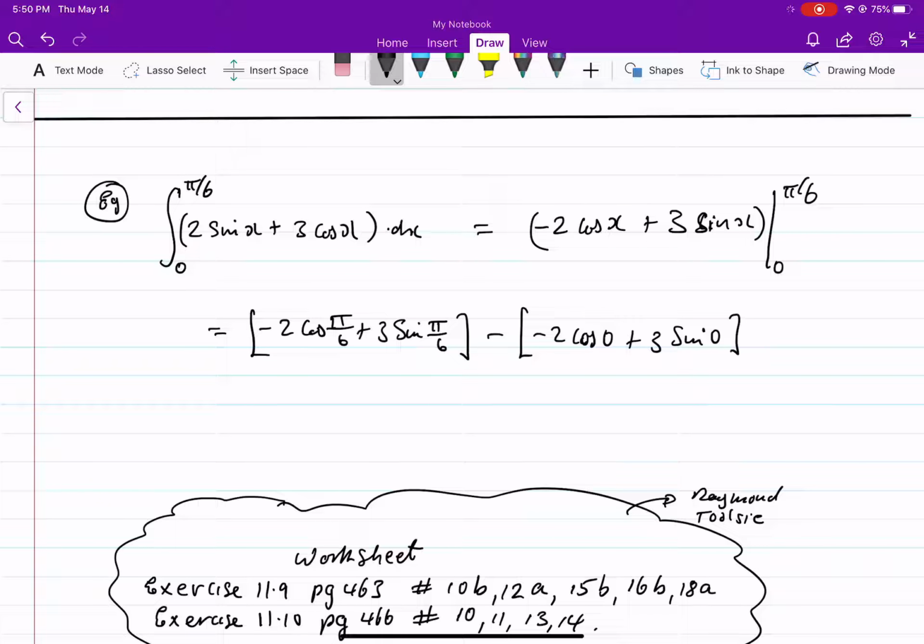Cos of pi upon 6, I think that's root 3 upon 2. Y'all can check it on your fancy calculators. Minus 2 times root 3 upon 2 plus 3 times, and sine of pi upon 6 is a half. 3 times a half. Minus 2 into cos of 0 is 1. Sine of 0 is 0. So that would just leave me with minus 2 inside there.